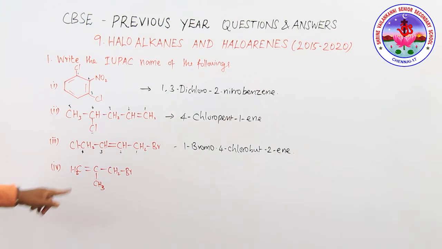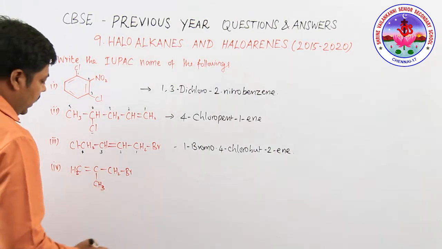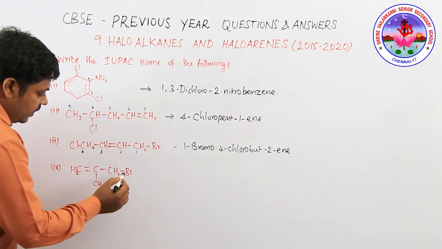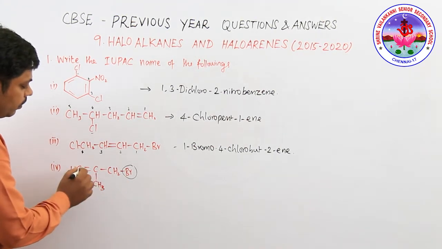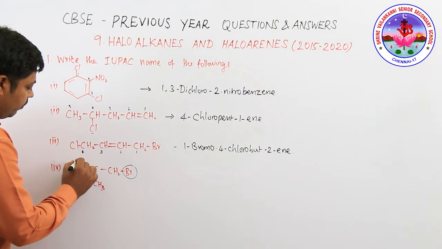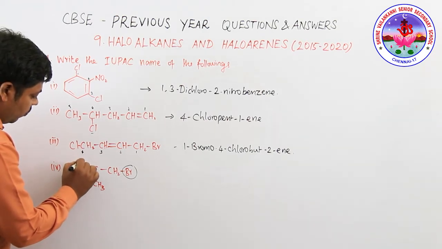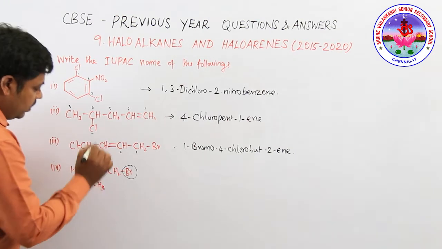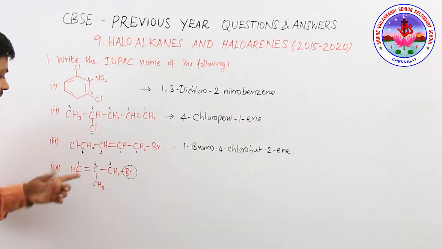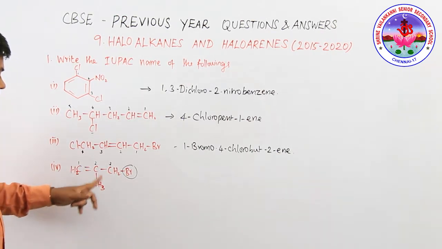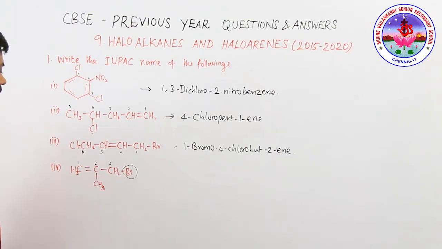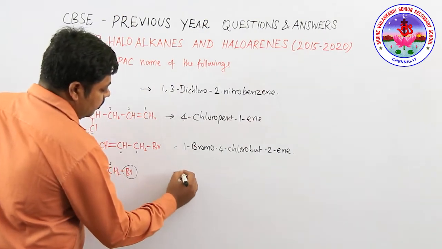Then the fourth one. Here bromine is present, and the double bond is preferred. So double bond gets preference, so the numbering is 1, 2, 3 like this. So only 3 carbon atoms are there. Here these are substituents. The second position has a methyl group and the third position has bromo. In alphabetical order, bromo comes first.